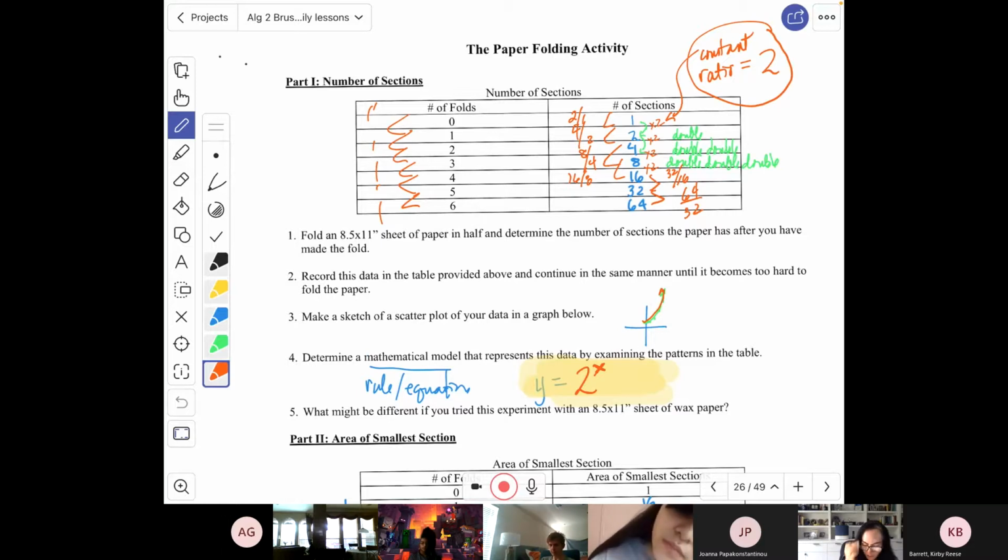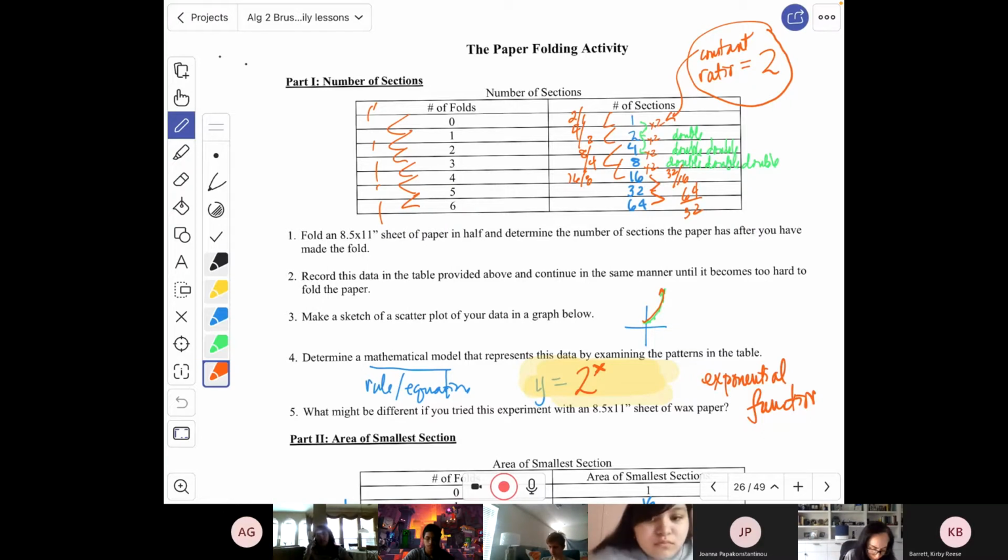Yes. Okay, so if you have a constant ratio, you have what is known as an exponential function. An exponential function has the exponent as the unknown. So if you have a table of values and you have a constant ratio, you have an exponential function.